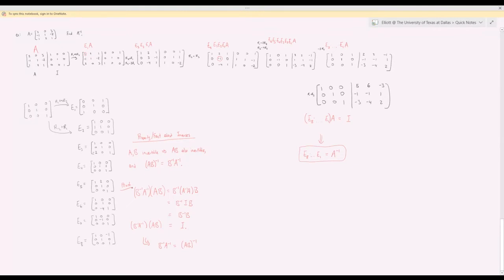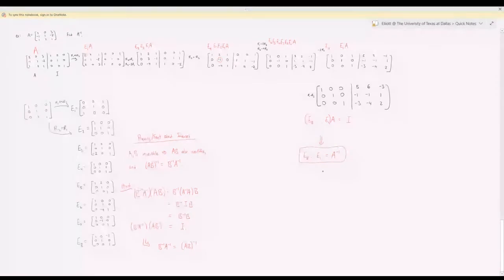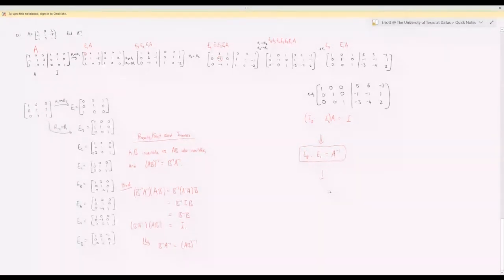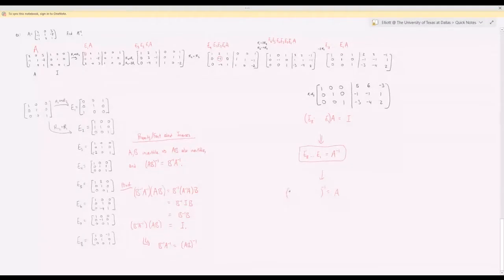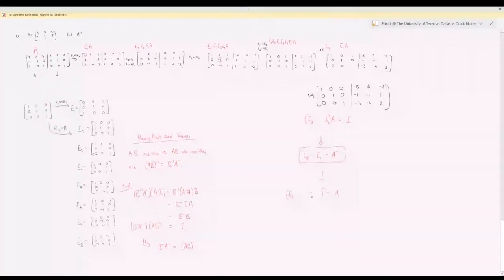All right, so I bring this up because if we come over to the example that we did just now, and invert both sides of this equation, we get that A is the inverse of this product of elementary matrices.